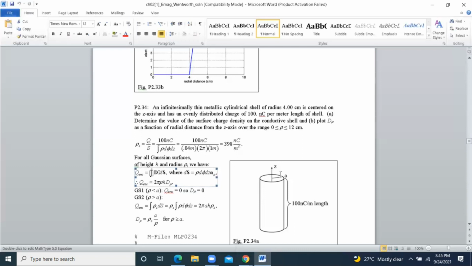Based on Gauss's law, if there is no charge enclosed, there is no electric flux, or D dot dS is equal to 0. On the outside of the shell now, where the charge is the charge of the cylinder, the charge enclosed is this.